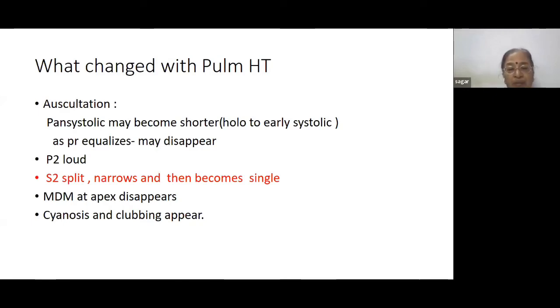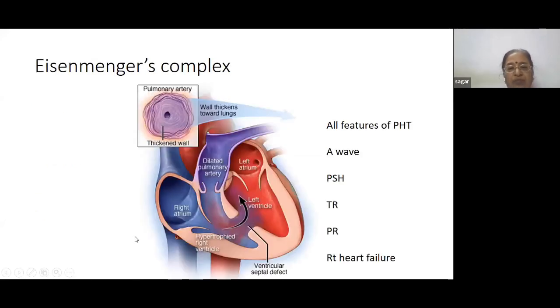So the MDM at the apex will disappear when you get significant pulmonary artery hypertension, and cyanosis and clubbing will appear. So these are the changes with pulmonary artery hypertension in a VSD. The murmur becomes shorter and will disappear. P2 will be loud, S2 will be split, then narrow, and then single. The flow MDM will disappear. Cyanosis and clubbing appear.